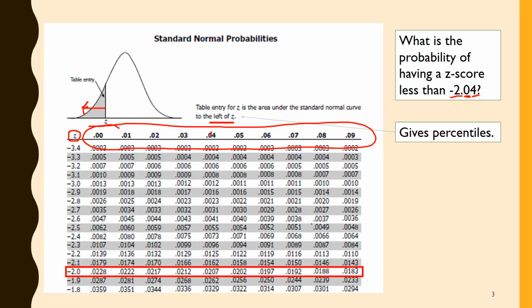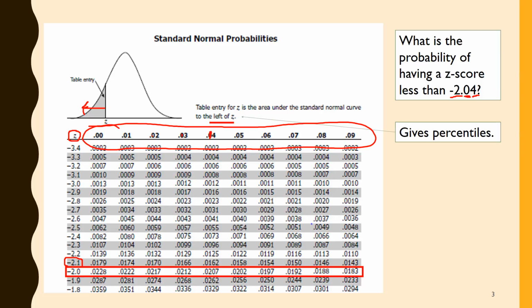So really, you just ignore the 0. So even if this said negative 2.14, you would still look in this column. You would have a different row. You would be in this row here, but you'd still be in this column. So just ignore all these zeros, all of them, okay?